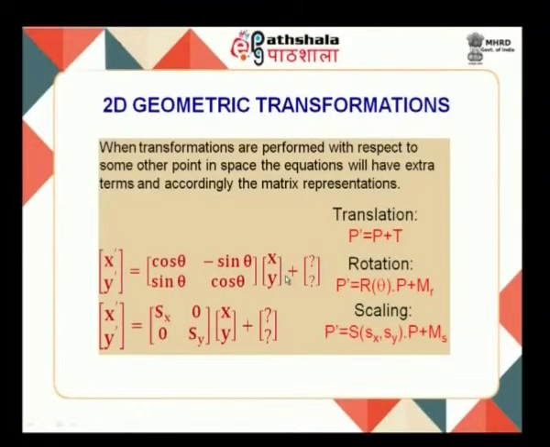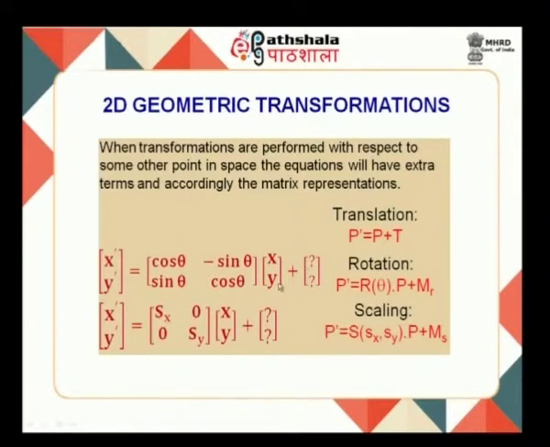So, again let me repeat, if we have to perform transformations like scaling and rotation not with respect to origin, but with respect to some other fixed point or some other pivot point in space, what happens to these equations is, we will do the derivation later. For the time being, just assume that we will get an extra matrix.